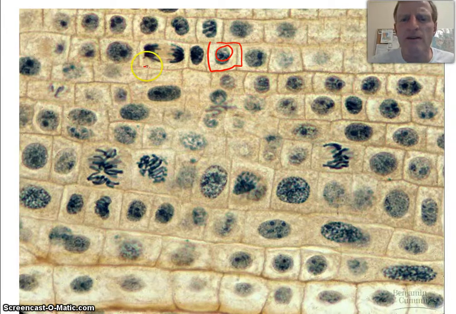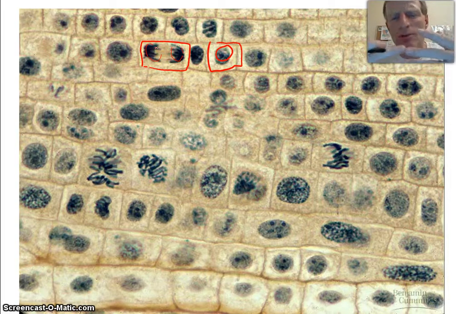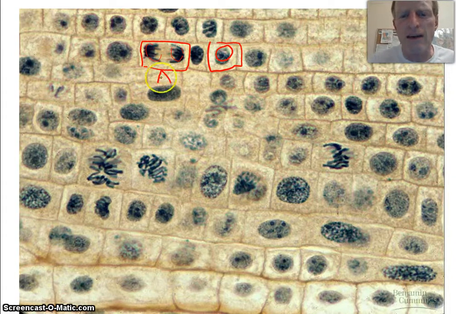But if I look at this cell right here, I see that I've got some chromosomes over here and I've got some here. They look like two jellyfish moving away from each other, right? Well, those are two sets of chromosomes being pulled by the spindle fibers in opposite directions. So that being pulled in opposite directions is called anaphase, okay? So that's a cell that's in anaphase.